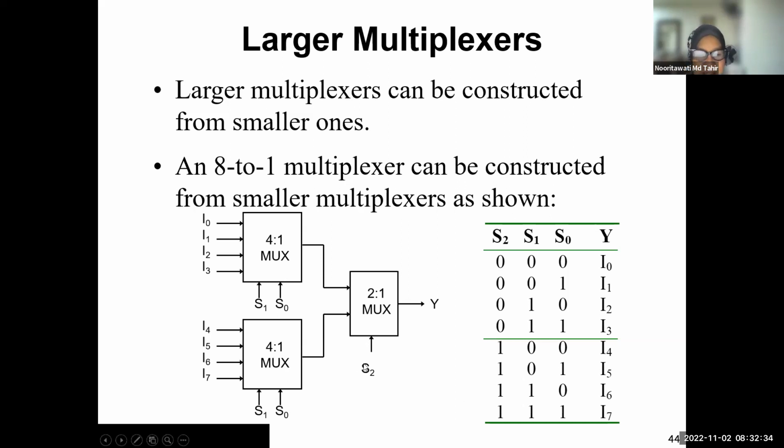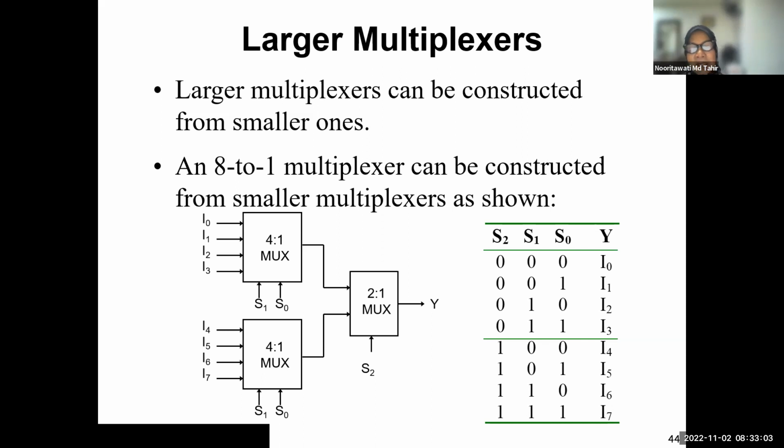So the select line adalah S2 from here, and untuk this 2 kita common kan, S1 and S0. So those are the 3 select lines, which is S2, S1, S0, to actually control which inputs to be sent to the output. That is going to give us the 8 possible outputs of our multiplexer.